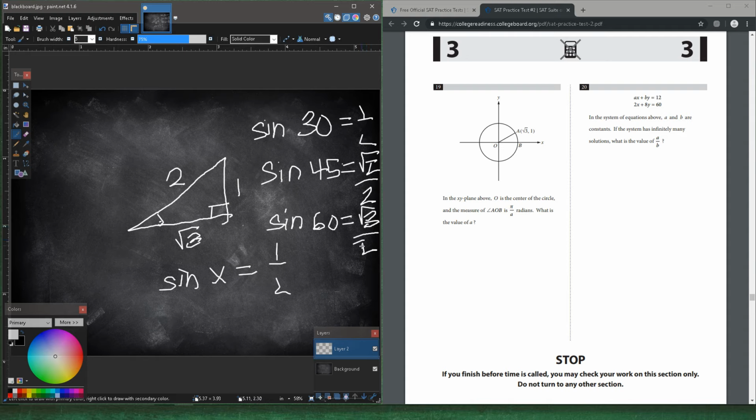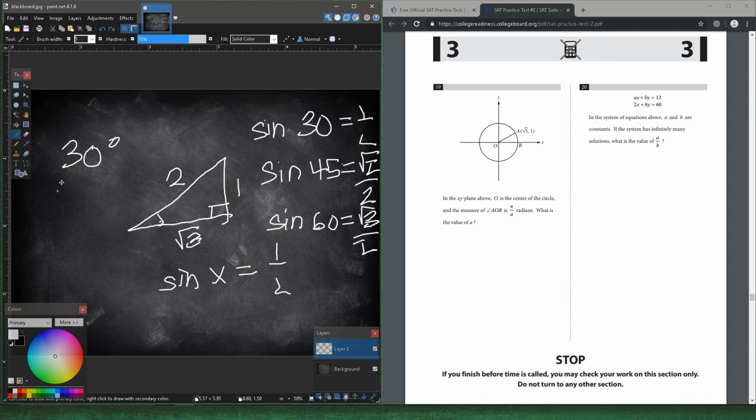To review, sine of 30 is 1 over 2, sine of 45 is square root 2 over 2, and sine of 60 is square root 3 over 2. Those are the only three they would probably expect you to know. So since sine of x is equal to 1/2, it's only sine of 30, so that's 30 degrees. What's 30 degrees in radians?